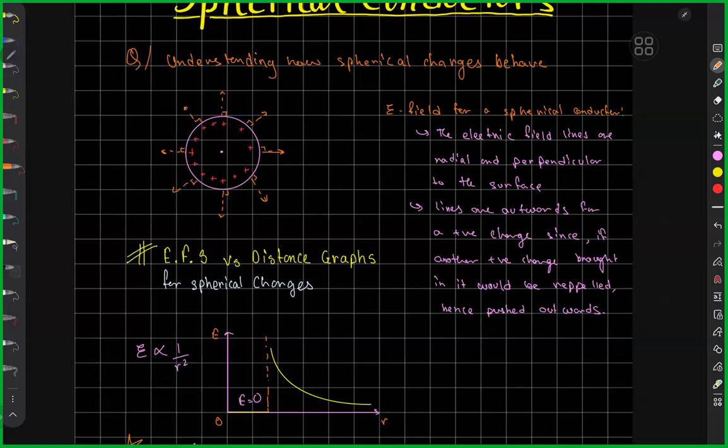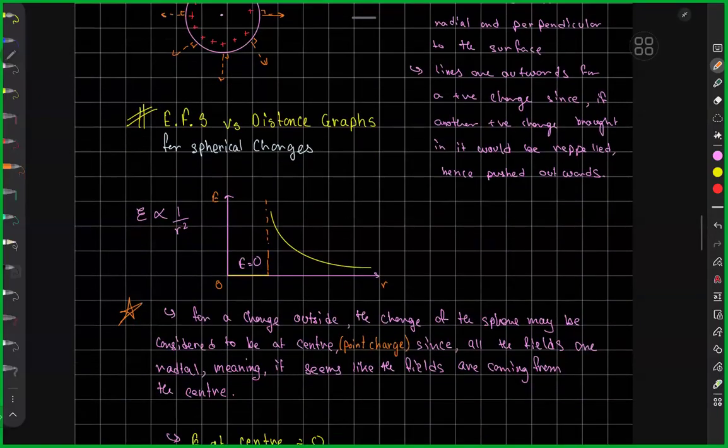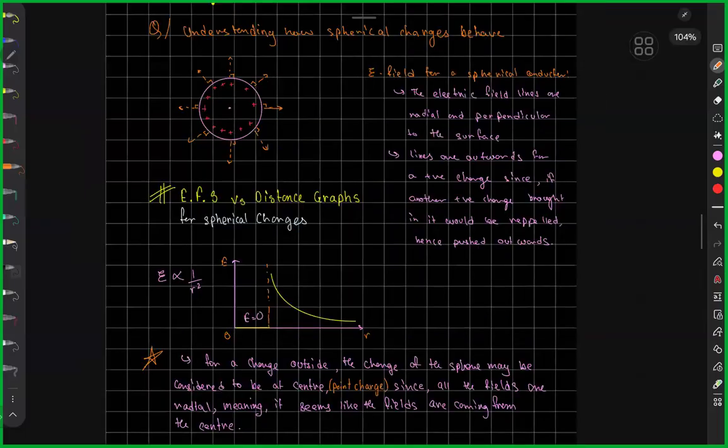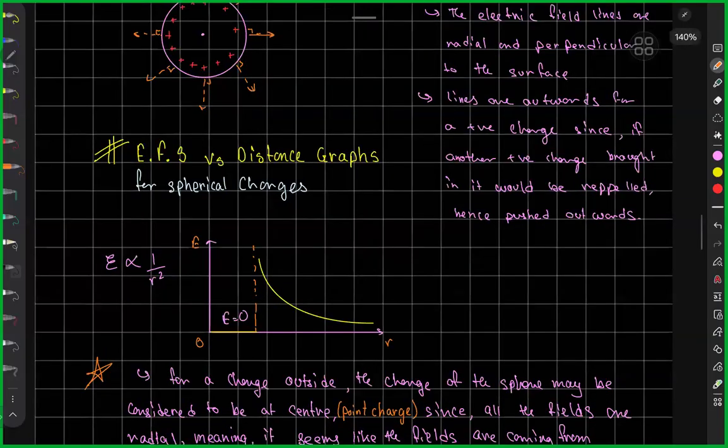Now, these arrows that you see, as mentioned, are the electric fields. And if you want to understand how the electric field strength varies with distance, we can draw a graph. Typically, if I recall for you, we have this formula for EFS, electric field strength.